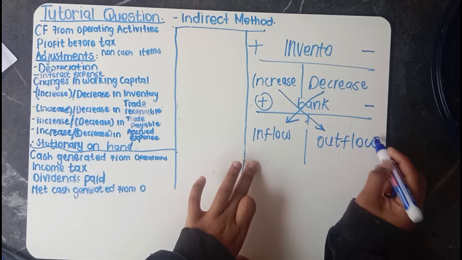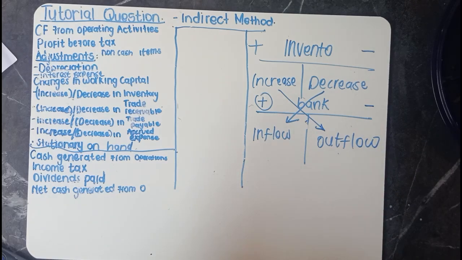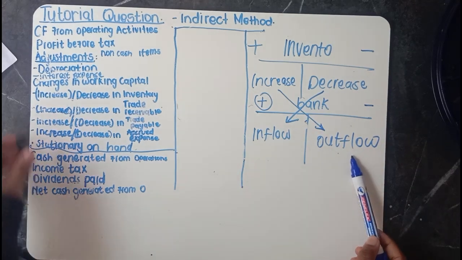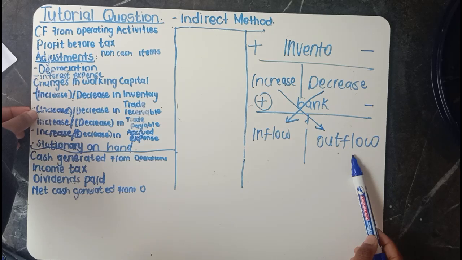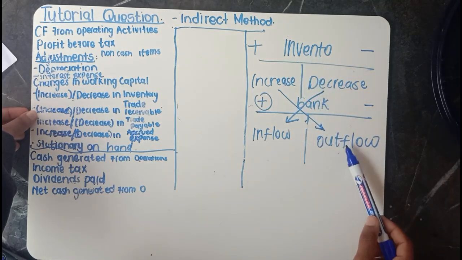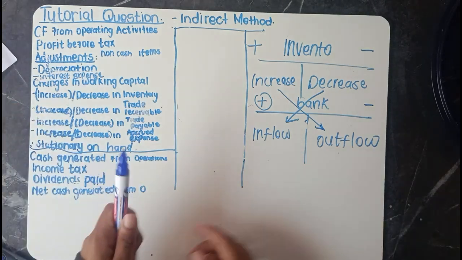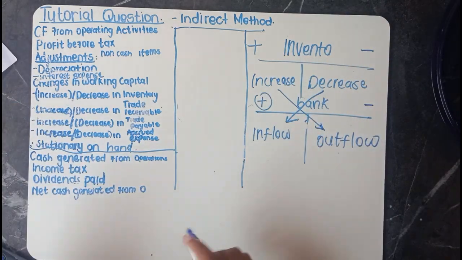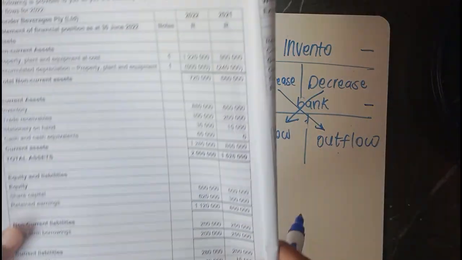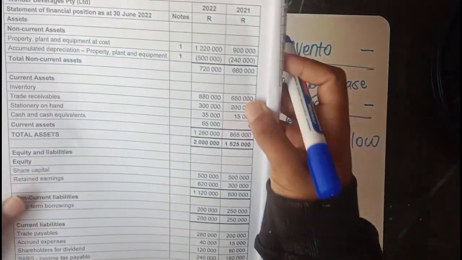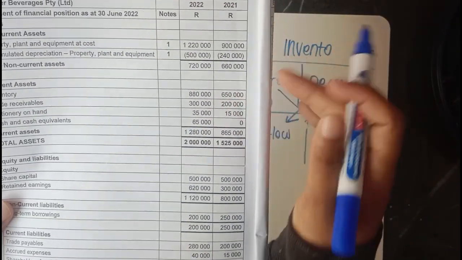This is why outflows are always bracketed. This is why with this one, the increase of inventory is in brackets and the decrease is without brackets. This is where it comes from. So we're going to look here on our statement of financial position.